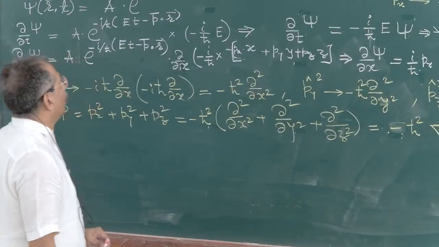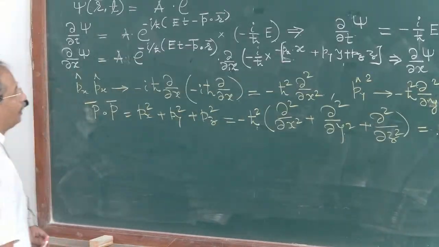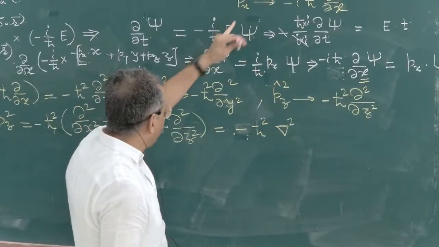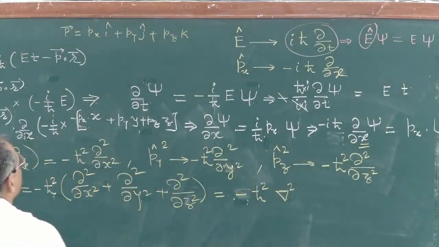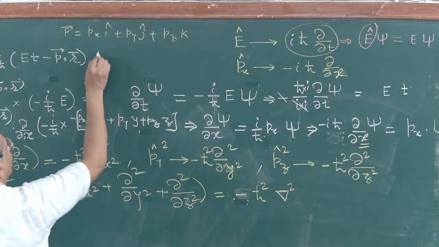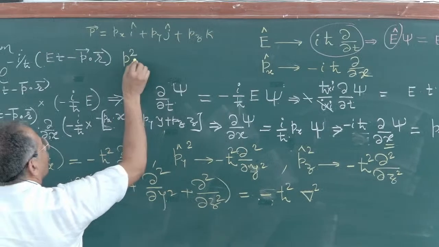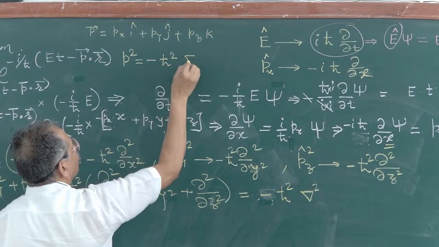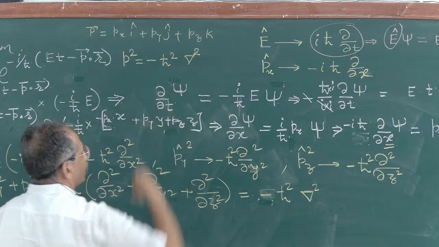Now, we have written the energy operator, the momentum operator, and the momentum square operator. So p square will be minus h cross square into del square.